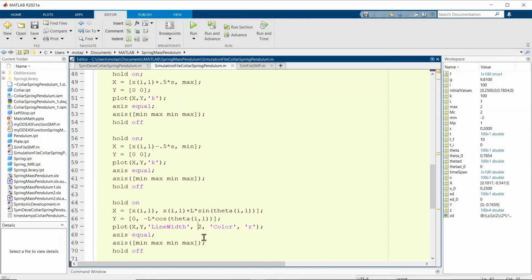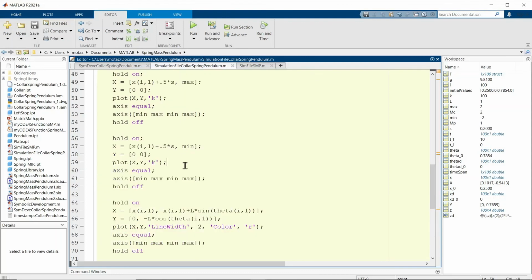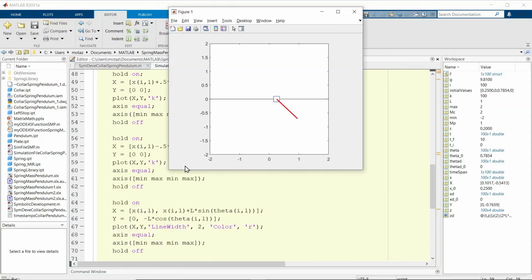And I just made it thicker with a thickness of 2 and color red so we can distinguish it from the box. And the springs, I painted them black here with the K. So let's have a look at that. And there's your box being animated. I put a 5-second delay for the first frame, when i equals exactly 1.